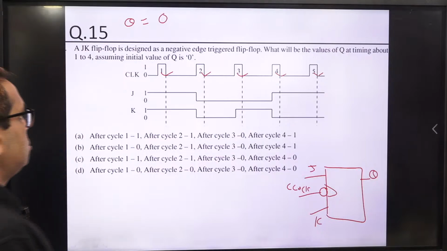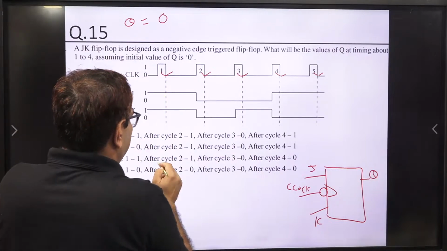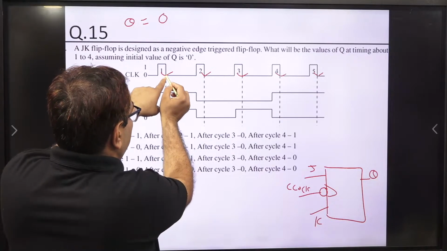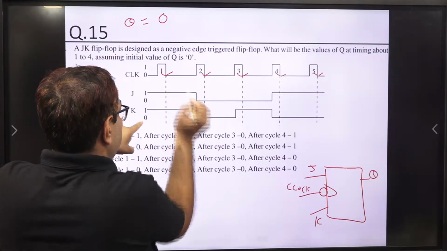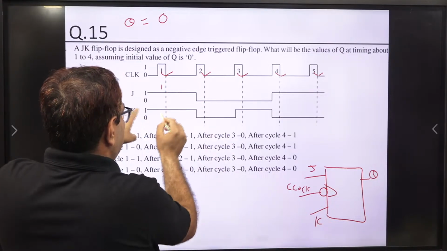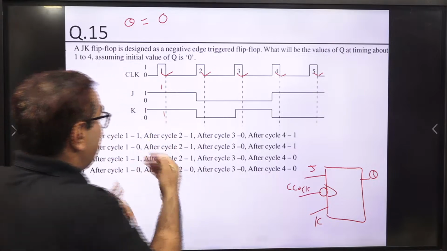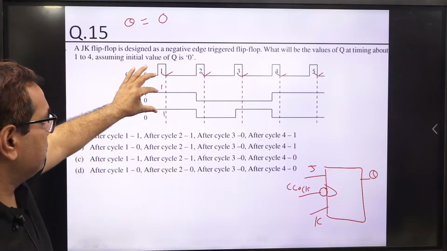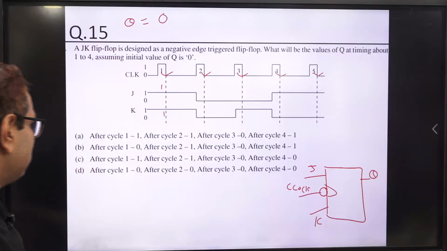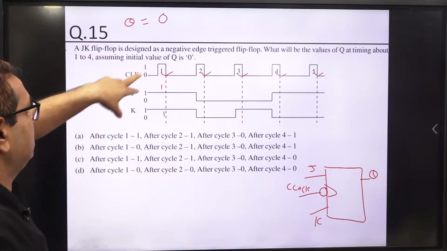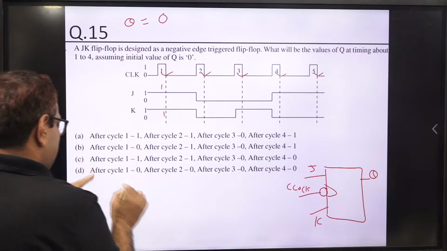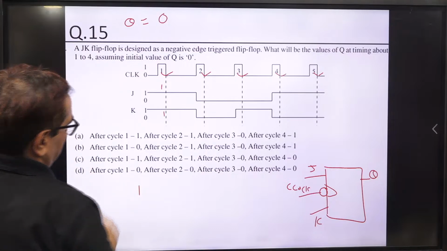Just before this negative edge, J is equal to 1 and K is also 1. So what happens? If we have 1, 1 input, it will toggle. So after cycle 1, it will become 1.